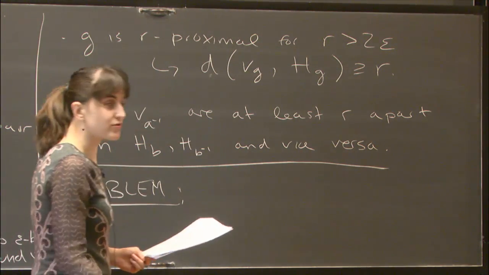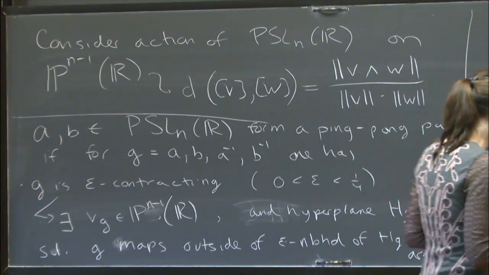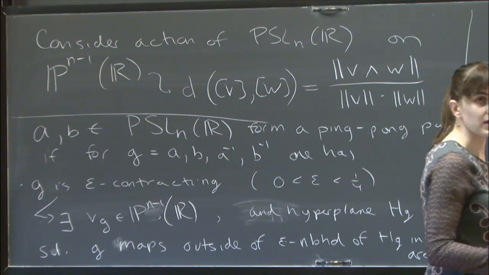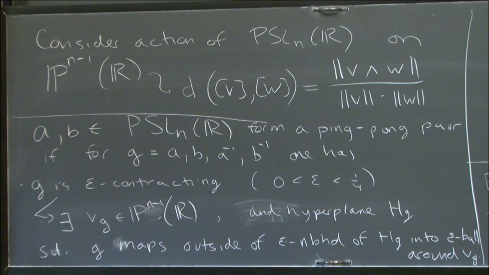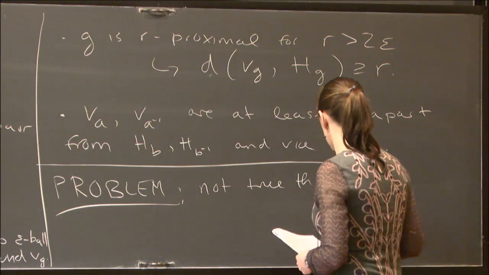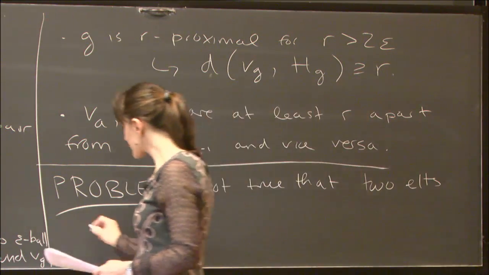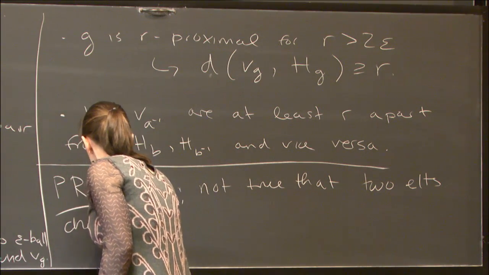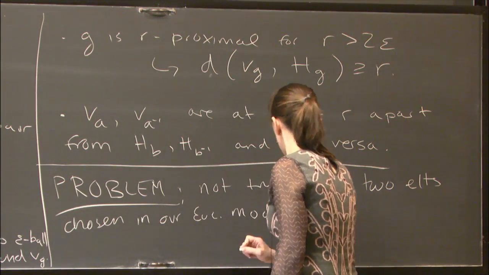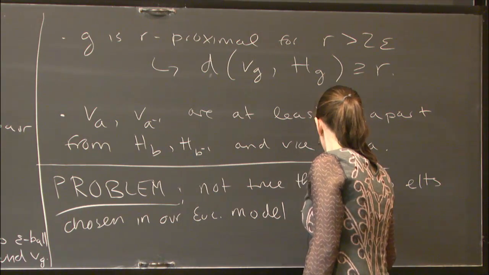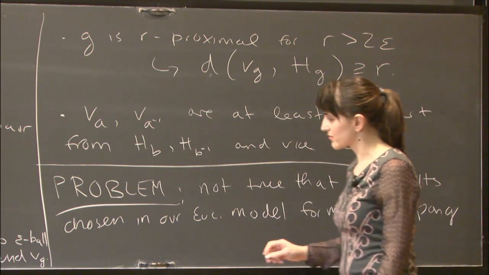It's not true that in our Euclidean model, two elements chosen at random in this way form a ping-pong pair in this sense with large probability tending to 1.